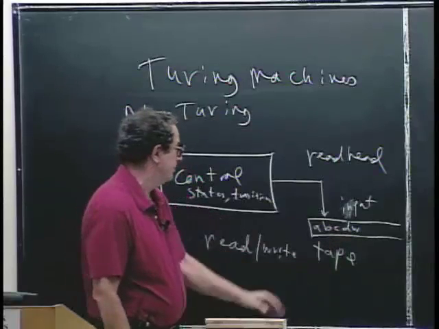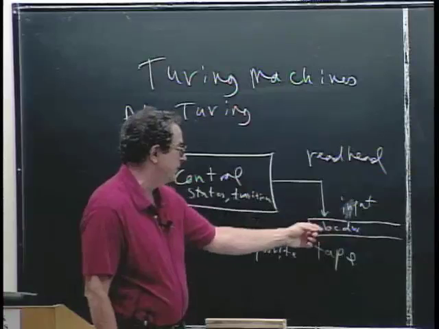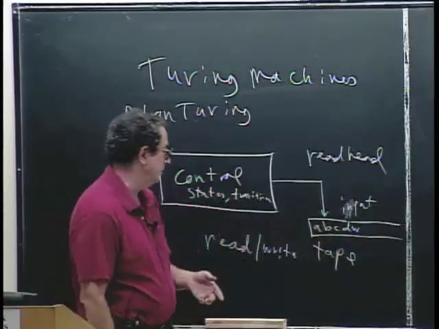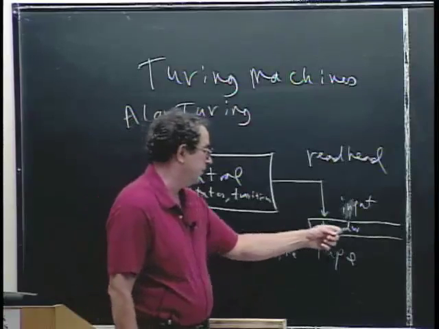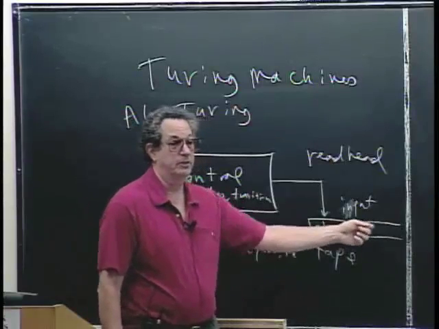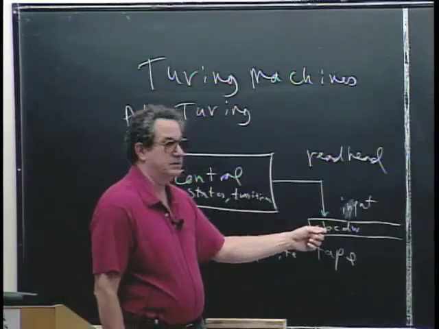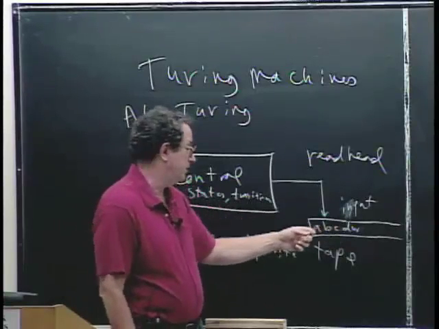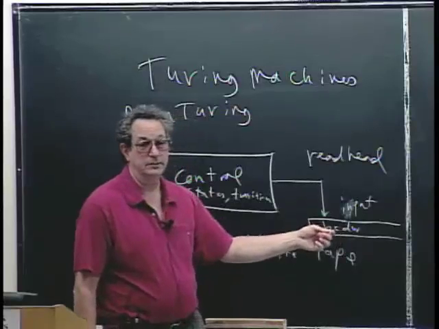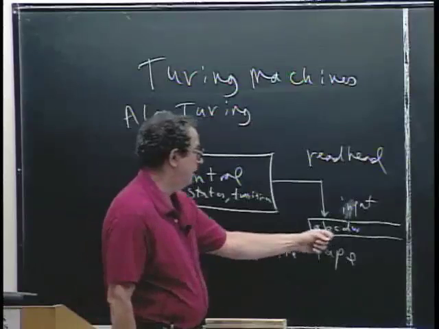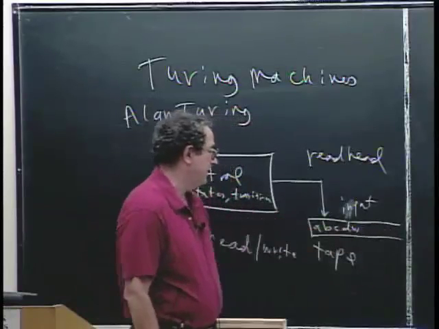Okay? So the Turing machine moves on the tape, but now it's bidirectional. When we were talking about finite state machines, you were only progressing through the string. You could never back up. And in finite state machines, other than PDAs, you couldn't write anything. But now we have the ability to write on this tape.